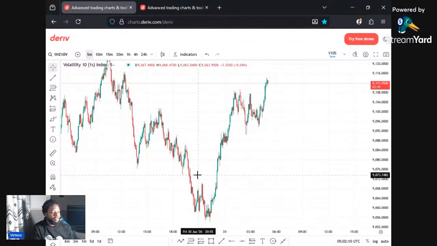Every day, the synthetic pairs we analyze are the volatility indices and the step indices at the moment. These are our top pairs on our watch list, and that is what we look at every day. There are about 15 in number, about 10 volatility indices and 5 step indices.